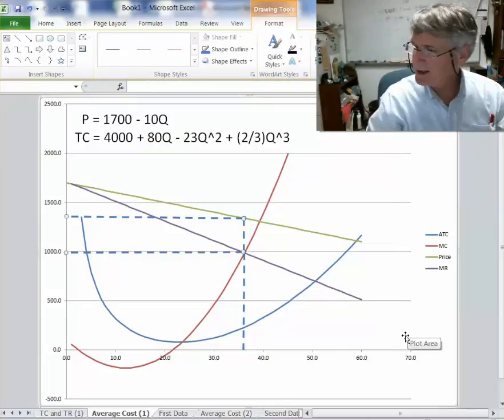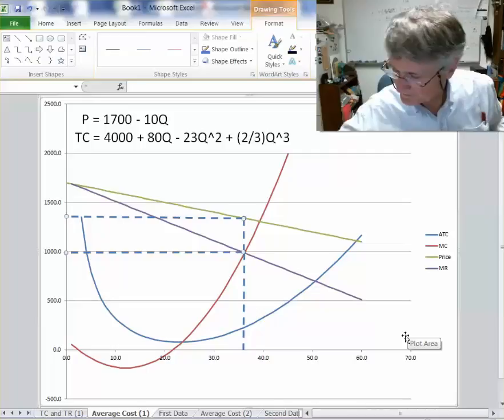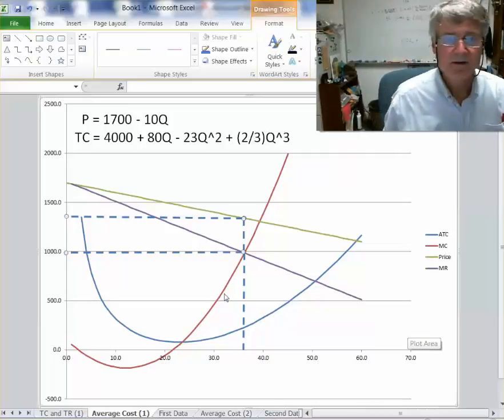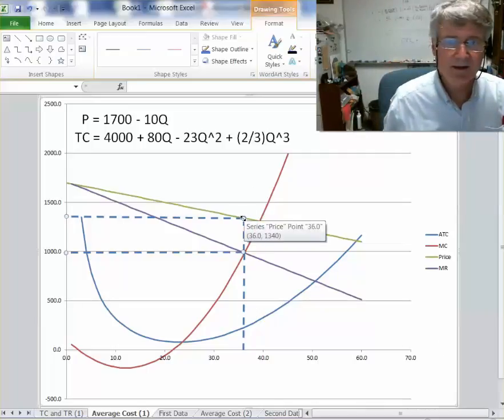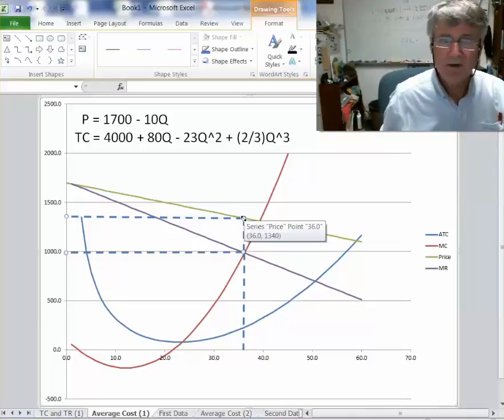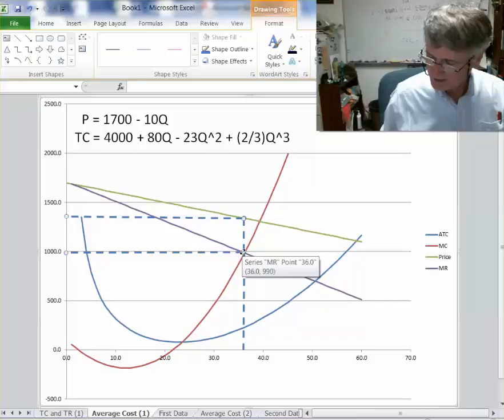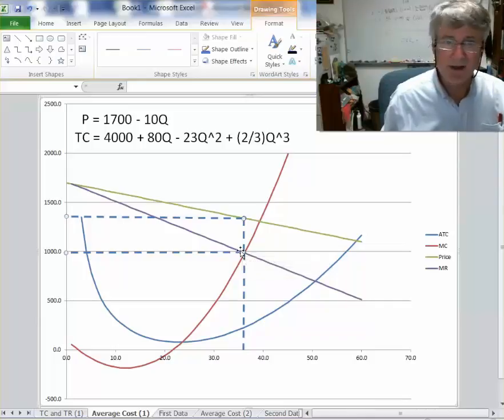In terms of the math, let me find my calculator. We need this value right here, which is 1340, minus this value down here, which is 990. And then we divide the thing by, remember now, it's the difference in the price and marginal cost divided by the price.